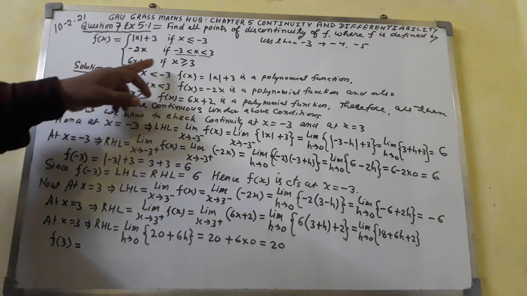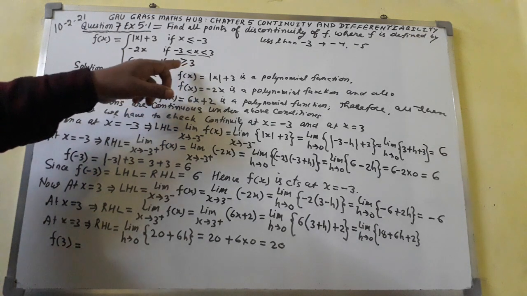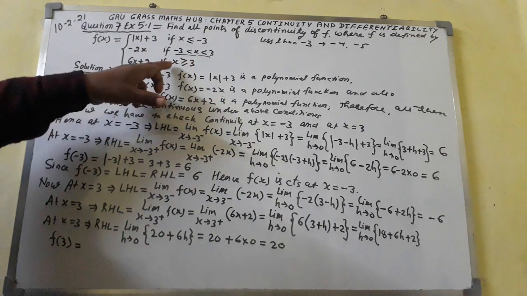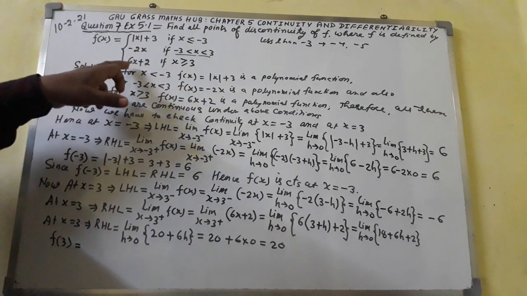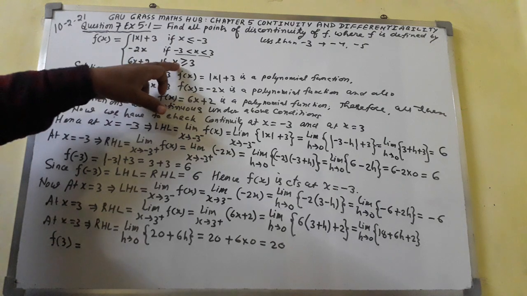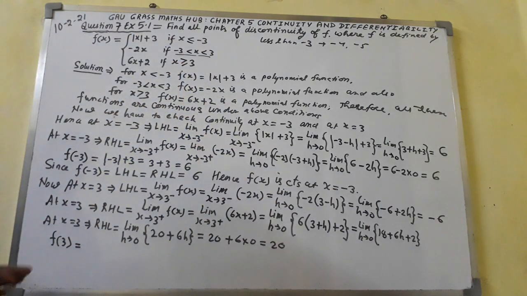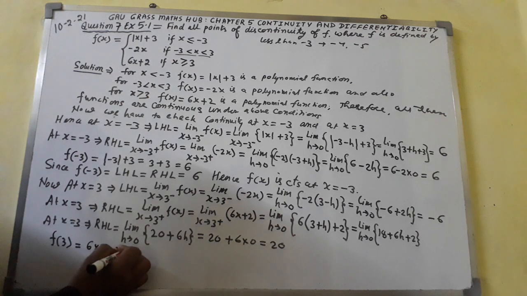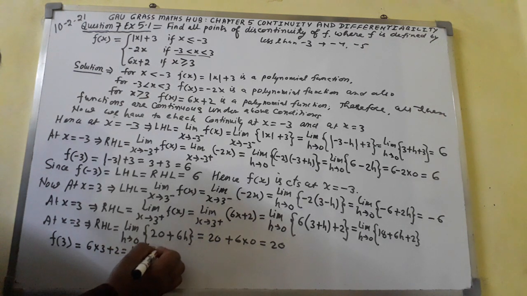In this function, the value of x is greater than or equal to 3. This is the function f of x equal to 6x plus 2, in which the value of x is equal to 3. So here in place of x I shall write 3. So write 6 into 3 plus 2. 6 times 3 is 18 plus 2, you will get 20.